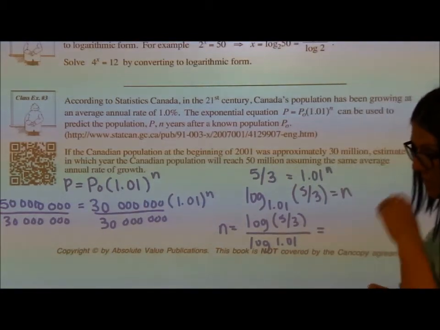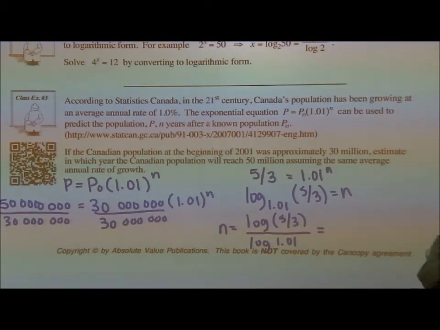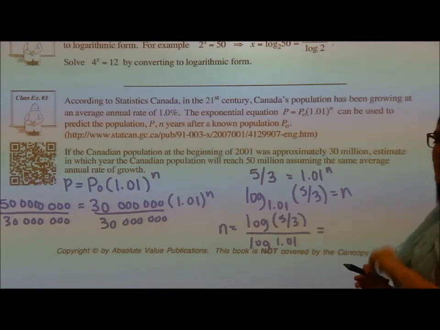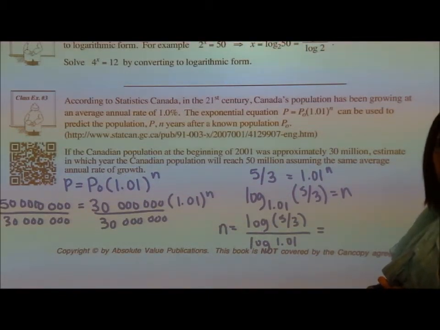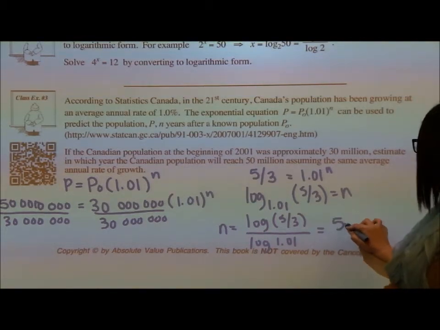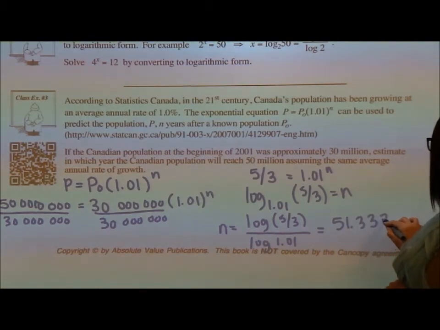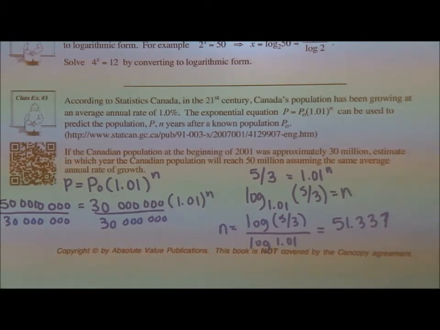Which gives me, what did you get, Evan? 51.337. What does this represent? 51.337 what? Years.